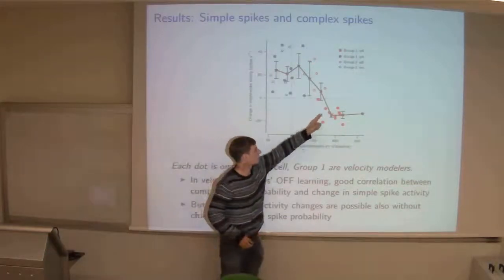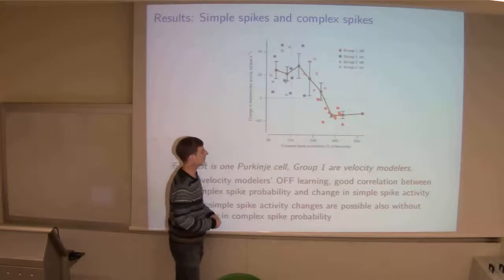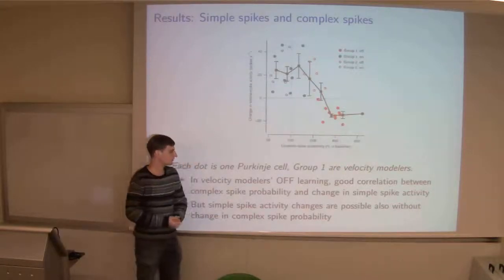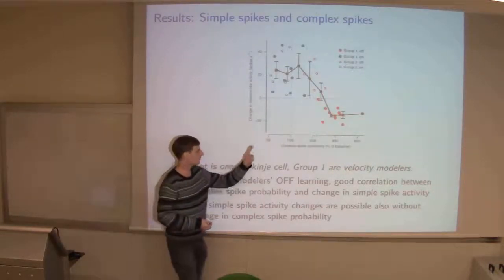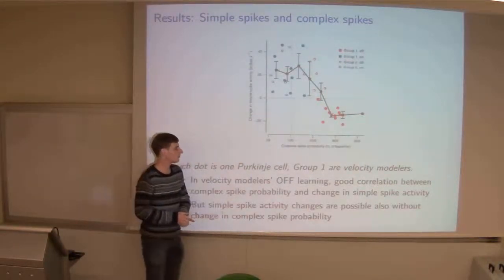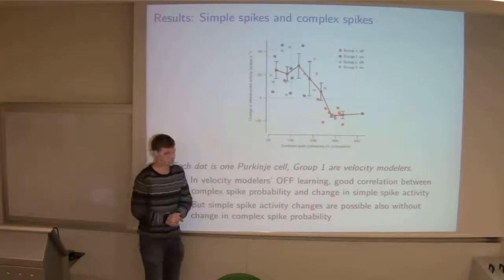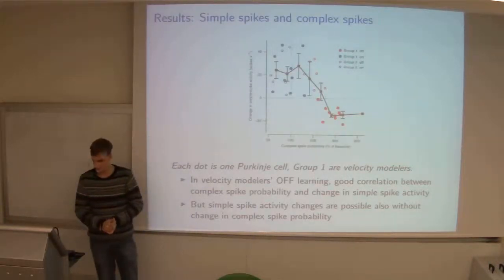I would like to concentrate on this area here, the filled red dots. Each dot is one Purkinje cell, and on the x-axis you have the complex spike probability in percent of baseline, and on the y-axis you have the change in simple spike activity.